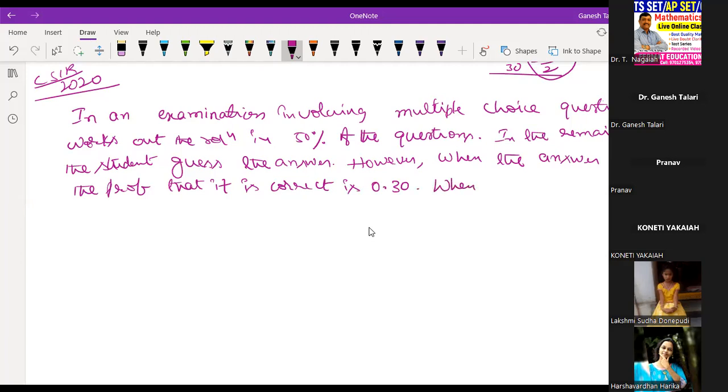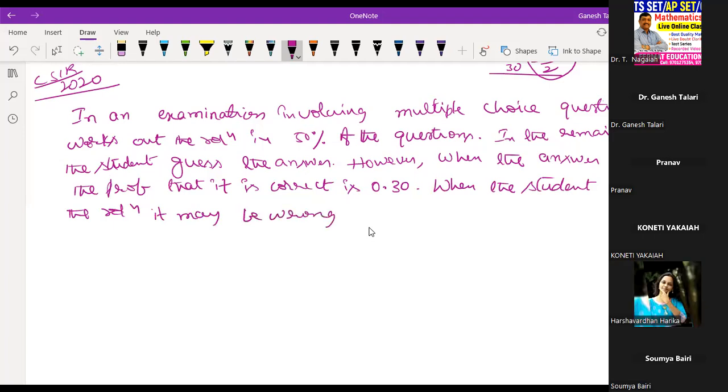When the student works out the solution, it may be wrong with probability 0.1.